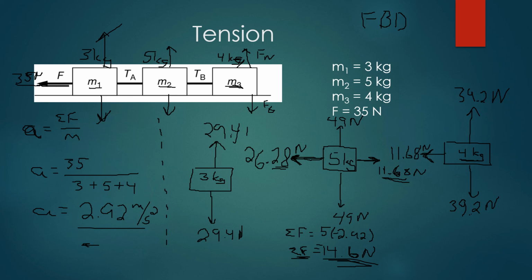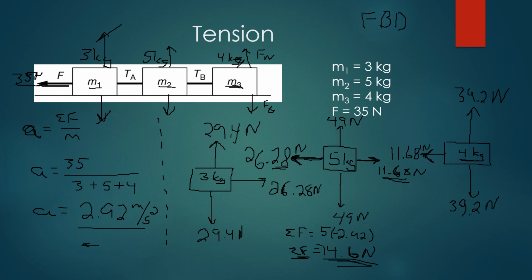They need to be drawn because they are part of the free body diagram. So if we know that the tension on the 5 kilogram box is pulling left 26.28, that means the tension pulling on the 3 kilogram box right also has to be 26.28.